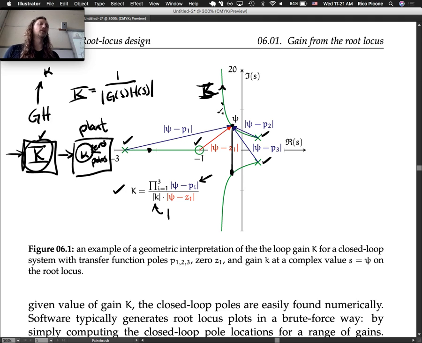So each branch of the locus has a closed loop pole there for that gain. You can choose any of them. They're going to give you the same gain. So you could choose this one or this one or this one, whichever you want to find the gain from. And you could draw your vector lengths to there. So it's satisfied for each of the 3 closed loop poles in this case.